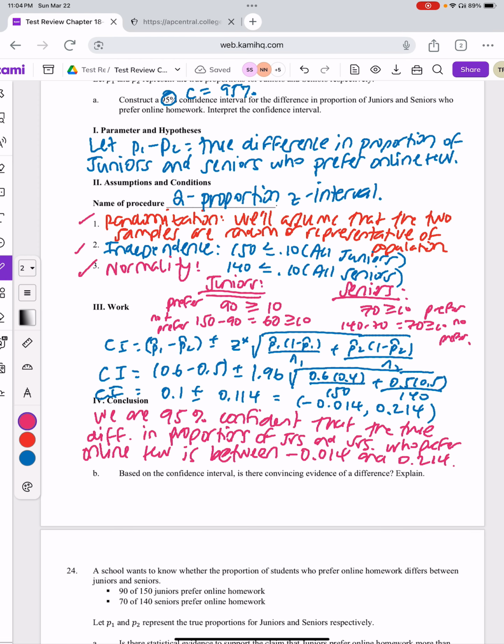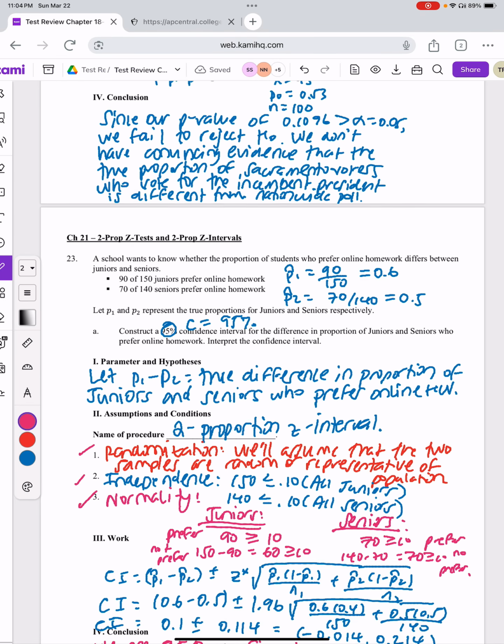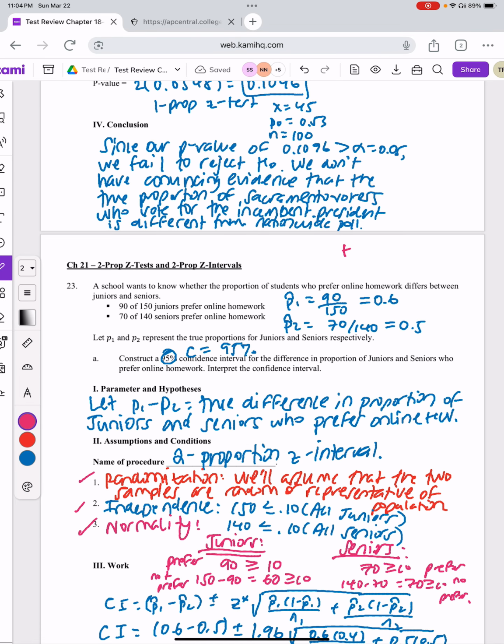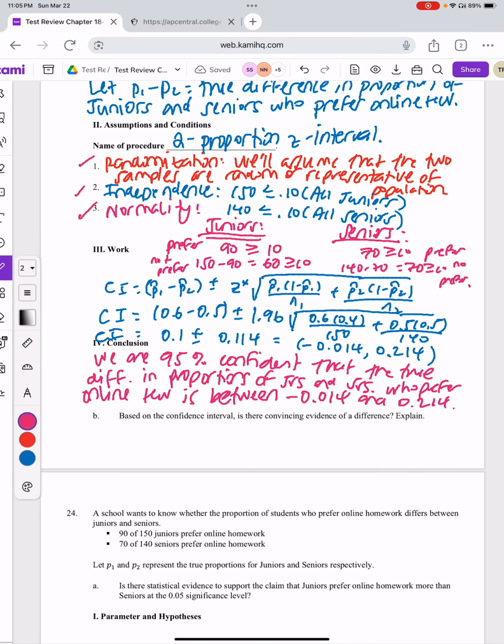Because our confidence interval captures 0, you can think of it two ways. The null is that P1 equals P2, right? That means that, i.e., P1 minus P2 is equal to 0, right?